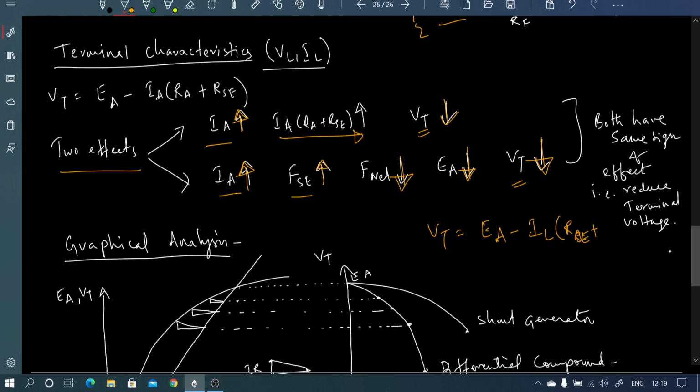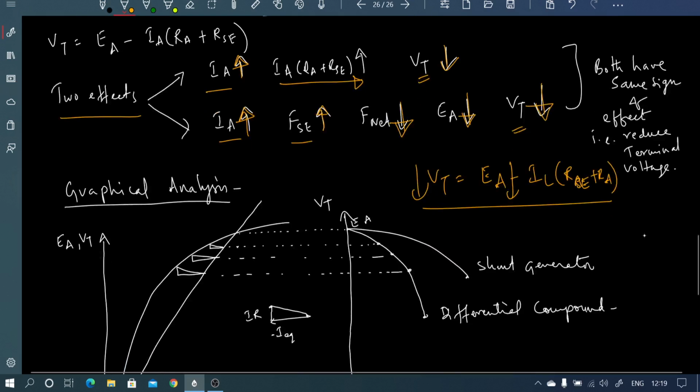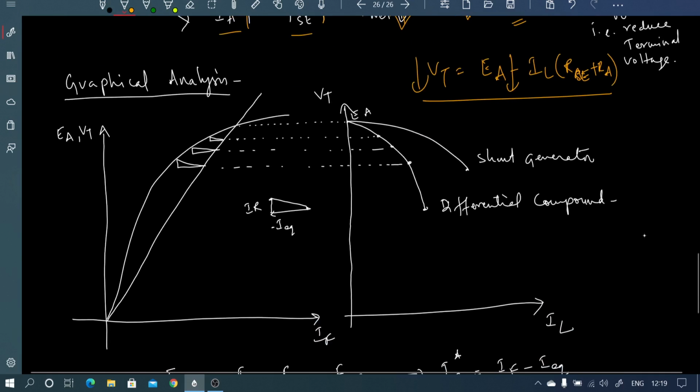This is what governs it. So with EA decreasing, VT also decreases. So there are two effects, but both are reducing the VT in differential compound generators.